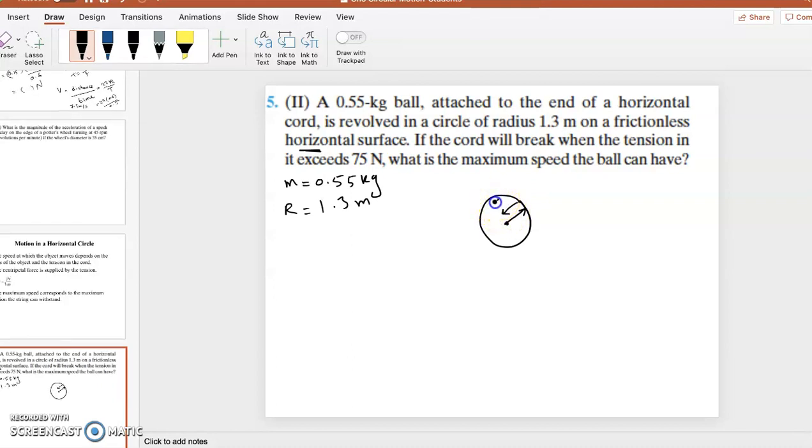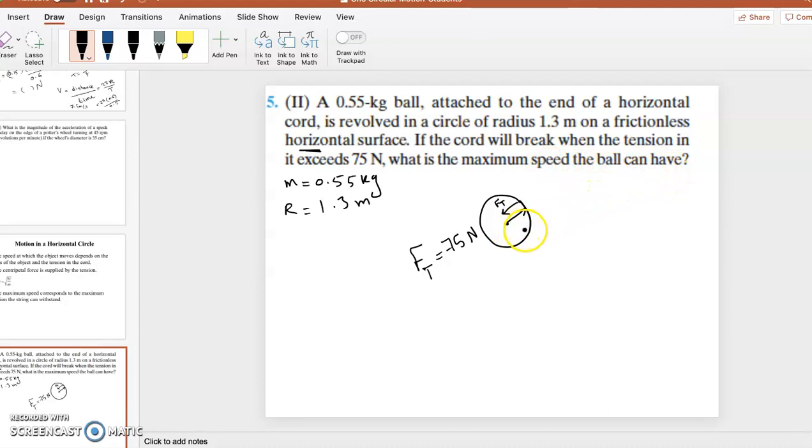So, if the tension is up to 75 Newton, the cord will stay intact. This cord will break if the tension increases more than 75. What is the maximum speed the ball can have?